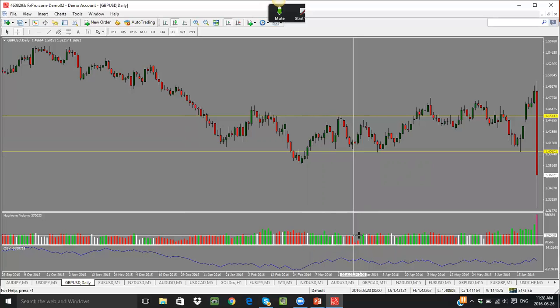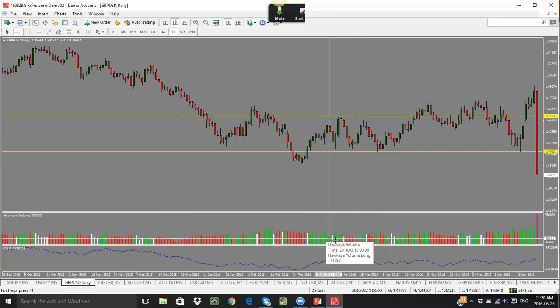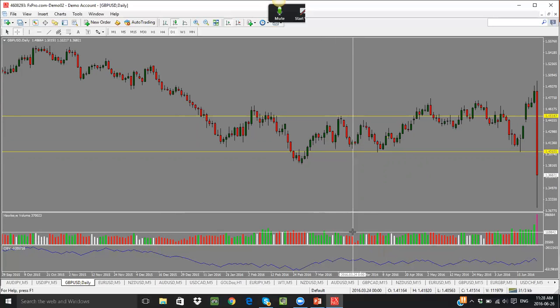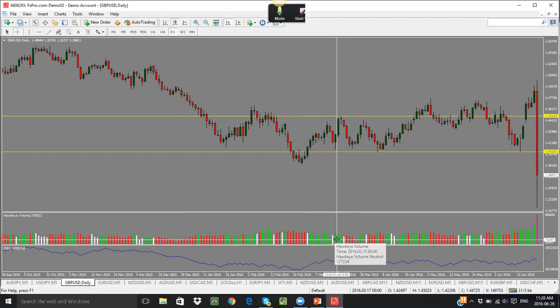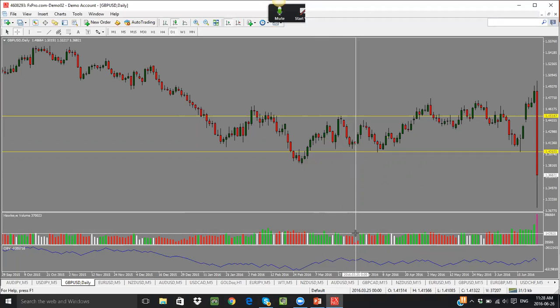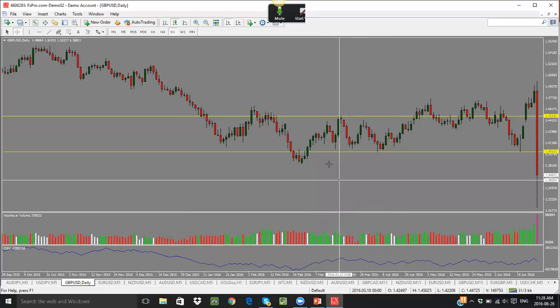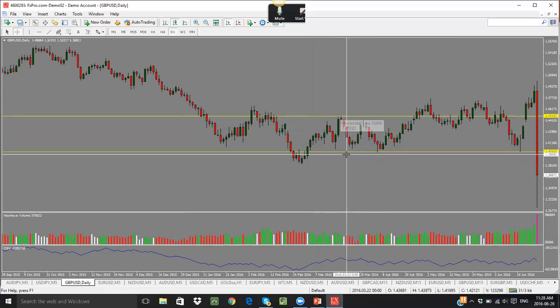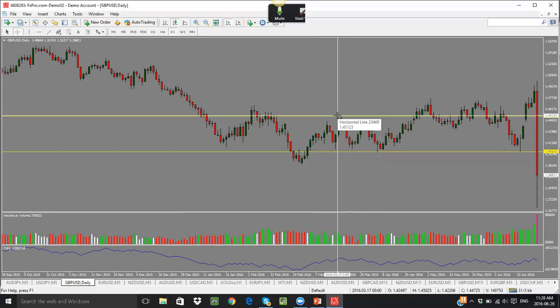It's just gone sideways. There is green and red volume, which means there is buying and selling, but the height of these bars doesn't really go up much. There's not a lot of change in volume. So that shows that it's a range bound market.